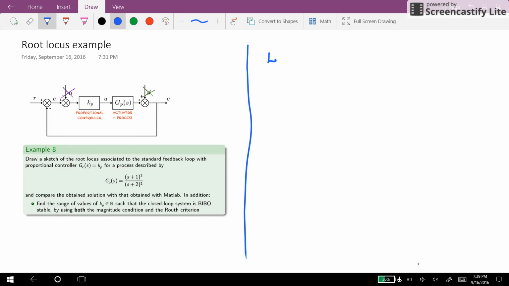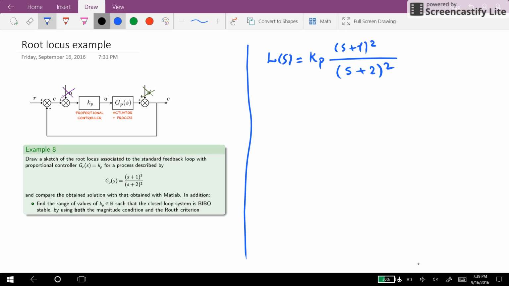So we have our L(s) given as Kp over (s+1) squared over (s+2) squared, okay?